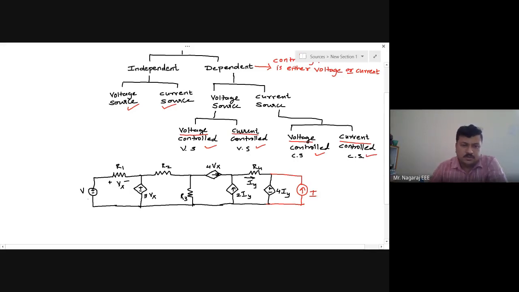Here this V is an independent voltage source or an uncontrolled voltage source. This I is an independent current source or uncontrolled current source. So the values of this voltage source and this current source will not change under any circumstances. This voltage source is characterized by the terminal voltage. This current source is characterized by the current value. They won't change.